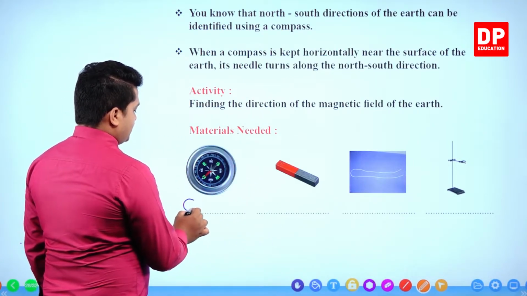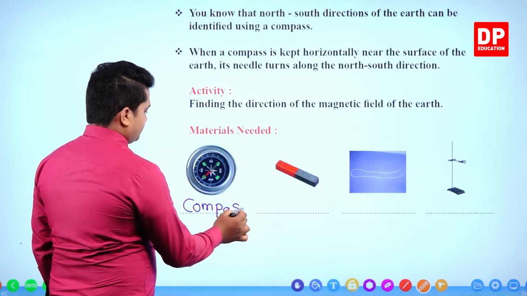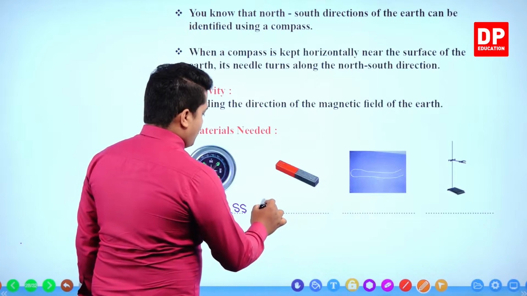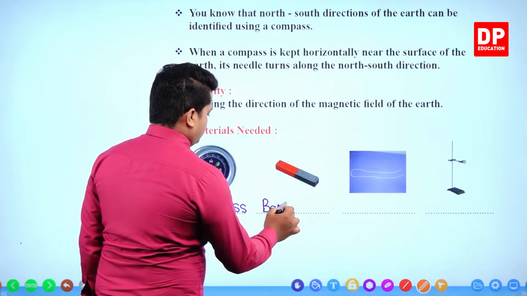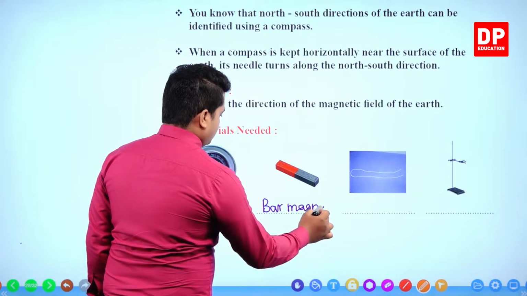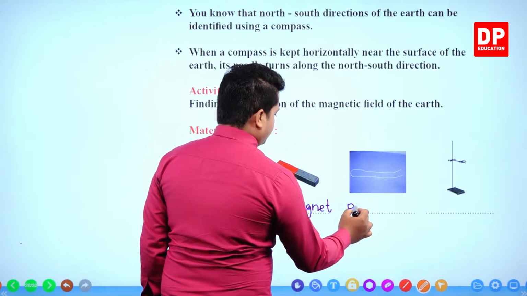First, a compass. Then a bar magnet. Then a piece of thread.